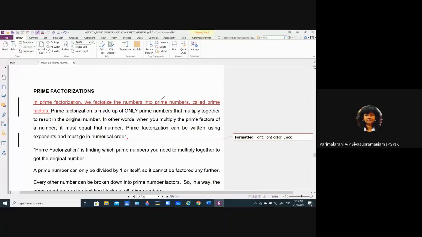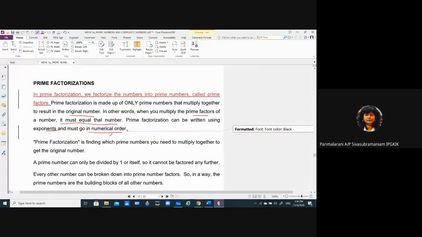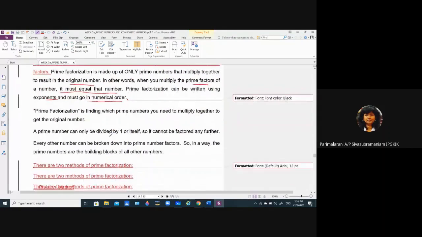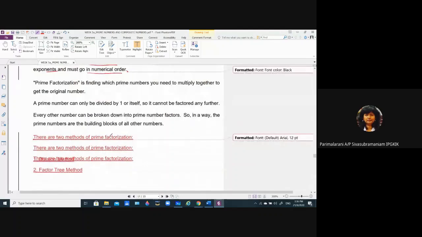Prime factorization is made up of only prime numbers that multiply together to result in the original number. In other words, when you multiply the prime factors of a number, it must equal that number. Prime factorization can be written using exponents and must go in numerical order, that means from small to bigger. You will understand this better when we do the examples.